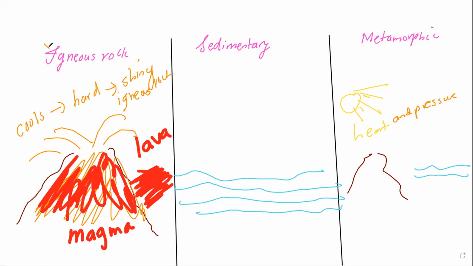Now, these igneous rocks are of two types, intrusive and extrusive. When I say intrusive, that means inside, the magma cools and gives you intrusive rock. When I say extrusive, it is the lava cools and gives you extrusive rocks. This was about igneous rocks, girls.